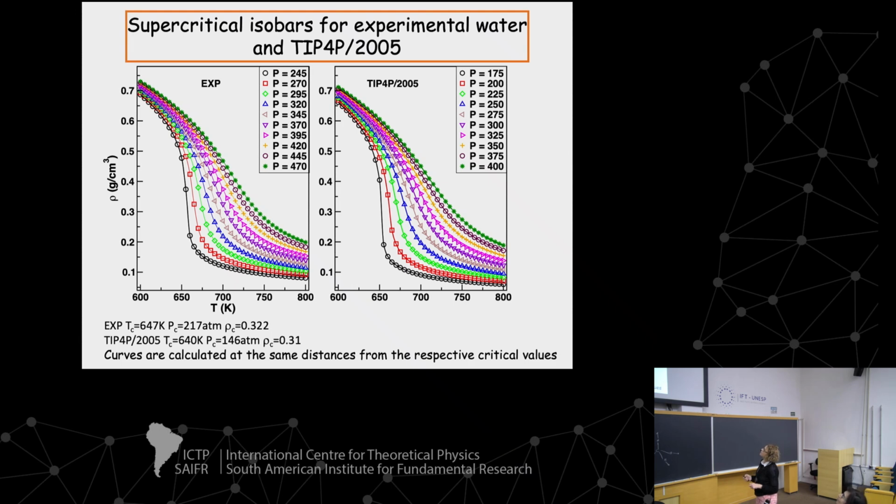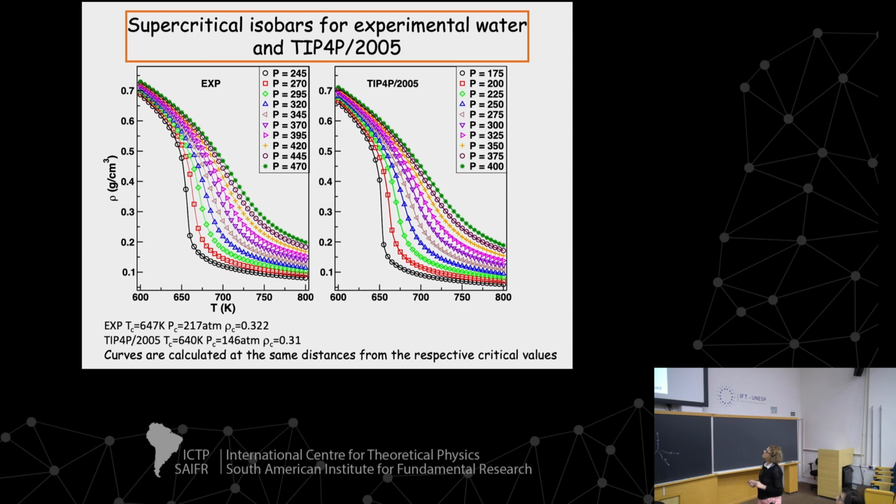When we study the supercritical isobars, and these are the experiments, the curves that have the same colors, since one is TIP4P/2005 and the other is experiments, are calculated at the same distance from the respective critical values.